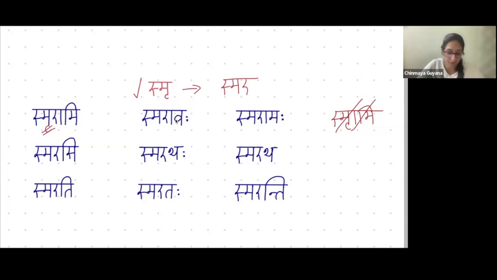Verbs do not have smarabhyam. They do not have smarebhyaha, smarehi, smaram. It is a conjugation table that is used for verbs and a declension table that is used for nouns. Don't mix those two. Okay, all right, we'll do closing prayer and then I will take questions.